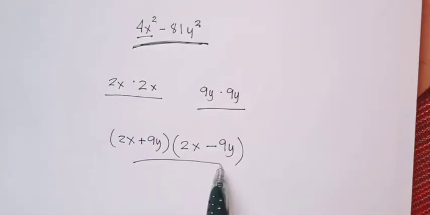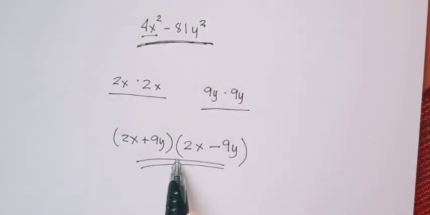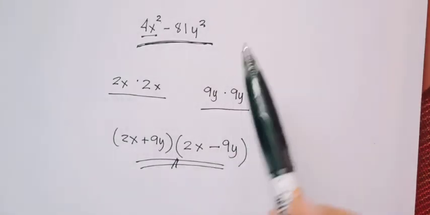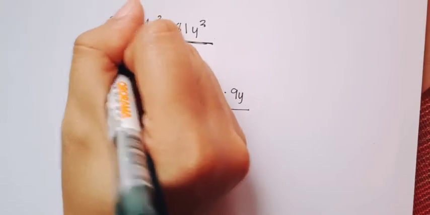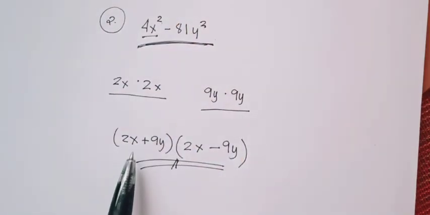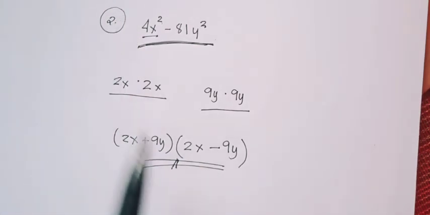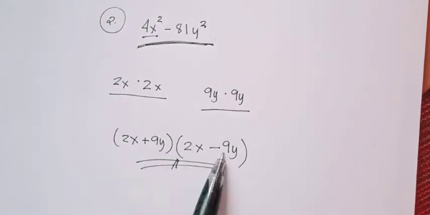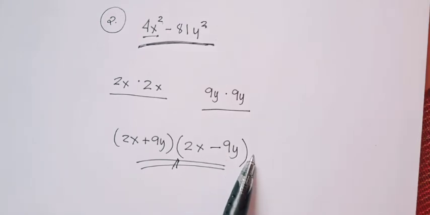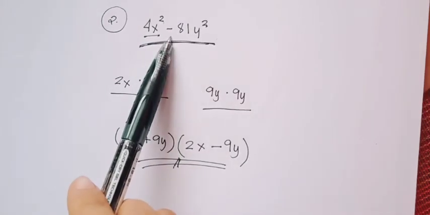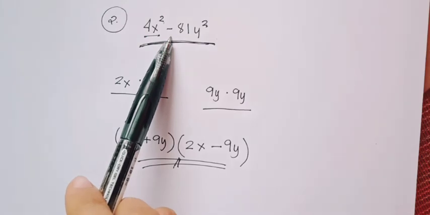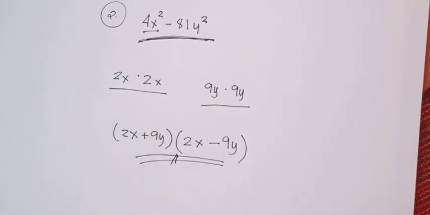So there. So this is our factored form of our given example number 2. Because when we multiply 2x times 2x, it will result in 4x squared, and 9y times negative 9y, it will result in negative 81y squared. So there.